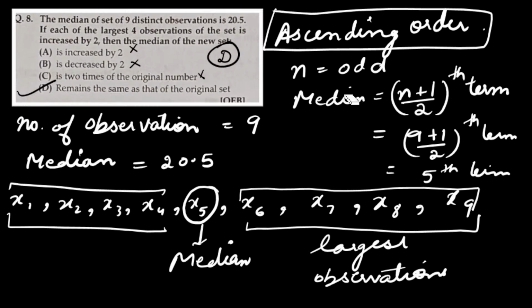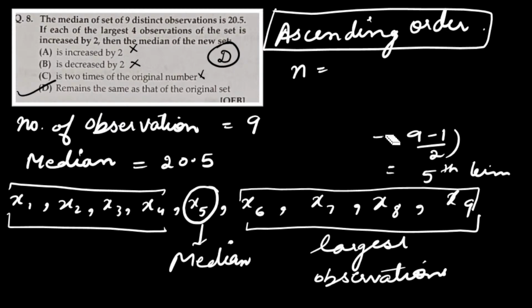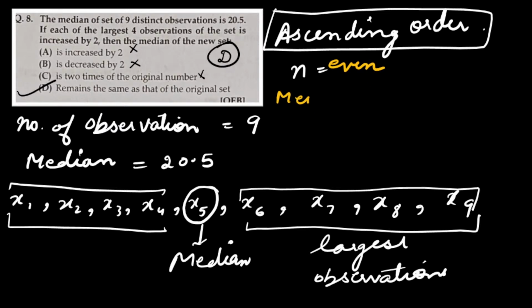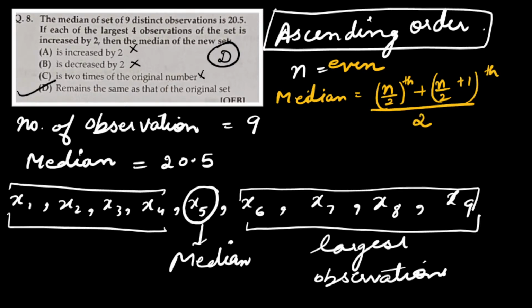Here itself I'll tell you about when n is even also, because I am explaining this. The formula for ungrouped data when n is even: the median is the (n by 2) th term plus the (n by 2 plus 1) th term, divided by 2.